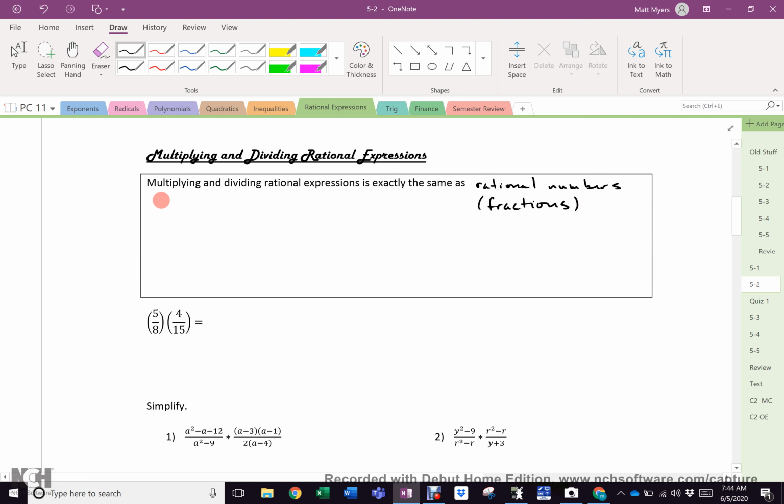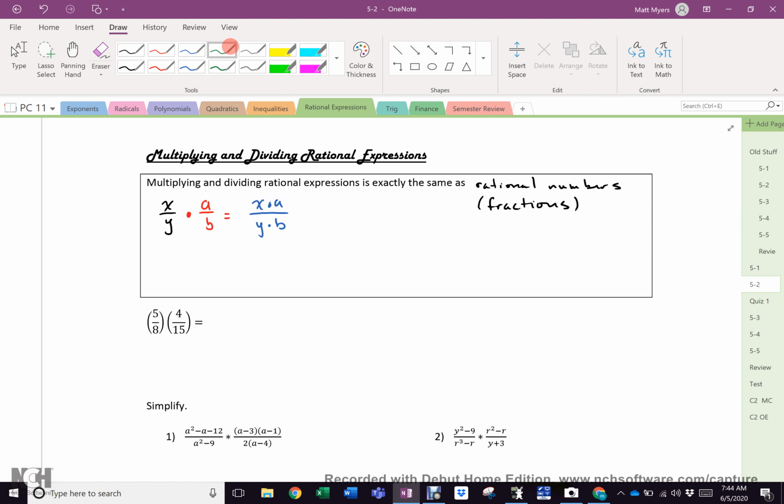Remember, a rational number is x over y, and both of them are integers, and y can't be 0. So we know that. Now, if I'm going to multiply x over y times a over b, that answer is going to be x times a over y times b.